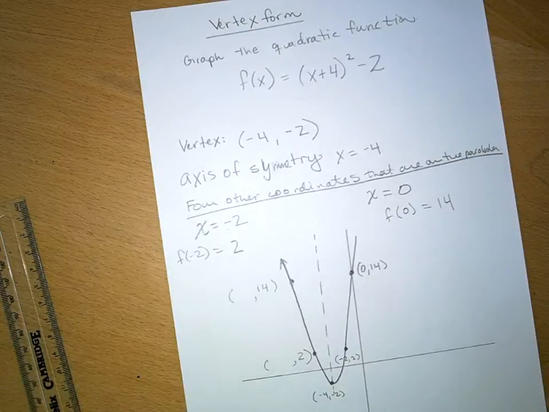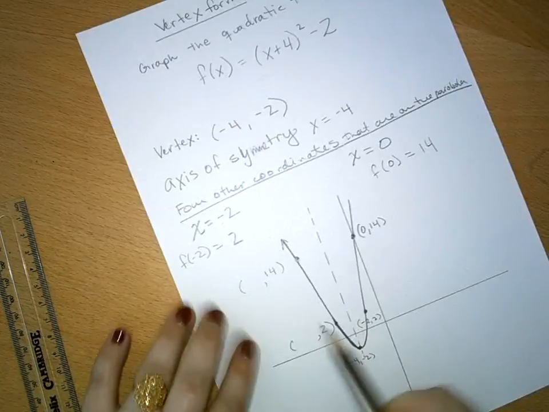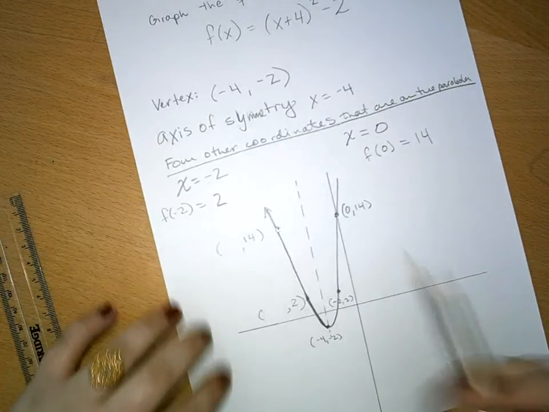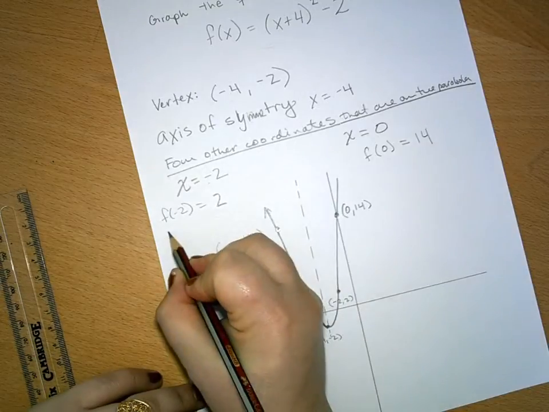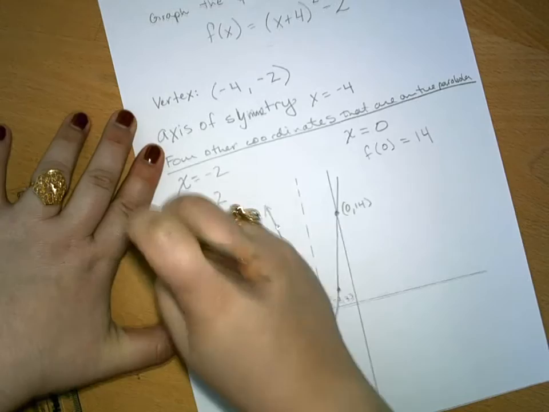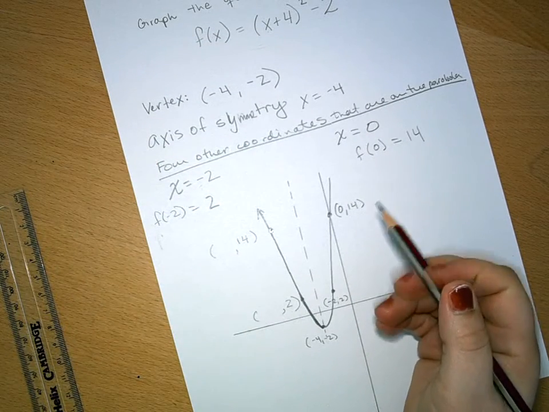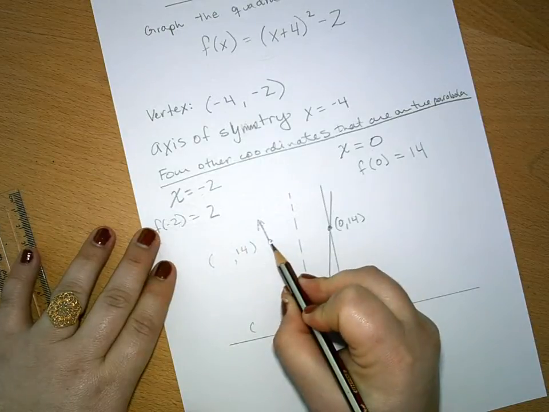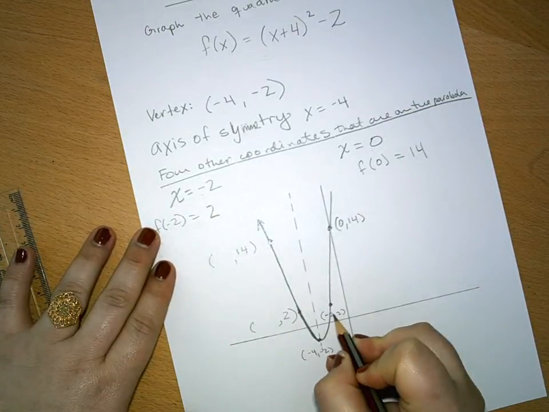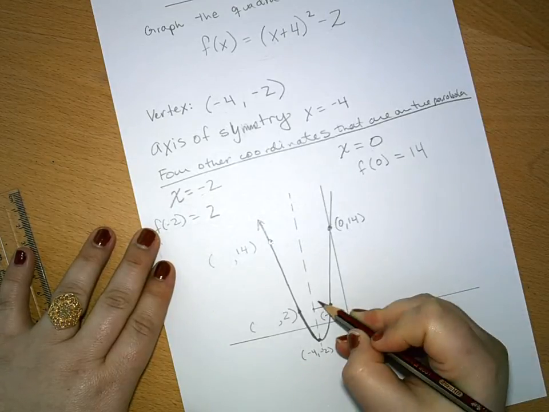But in order to really complete this problem, we need to actually know what the inputs are going to be. So we need to use the axis of symmetry. So let's see how far -2 is from the axis of symmetry at -4.